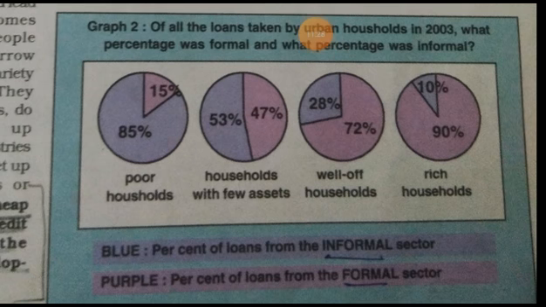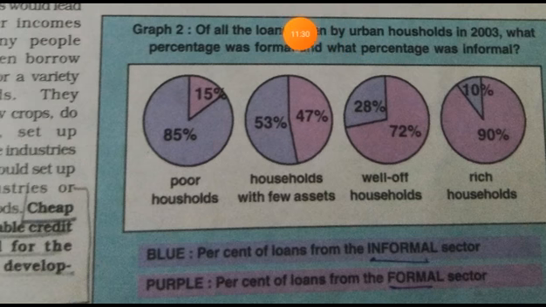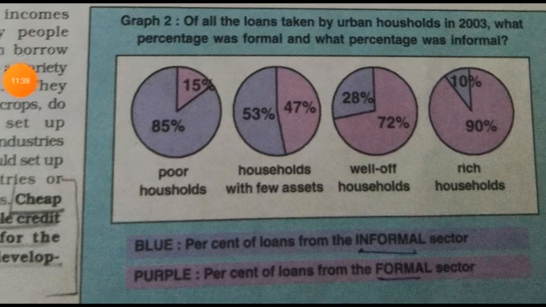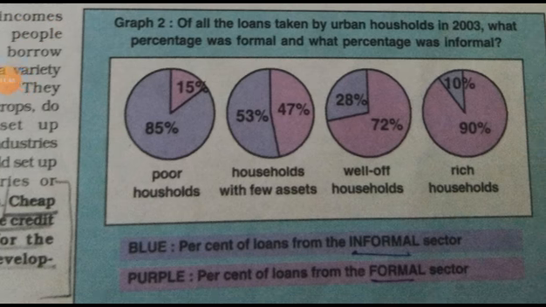And last one, rich households, those who have a lot of assets to keep in the bank in the form of collateral. So 90% of rich people approach and easily get loans from the formal sector, and only 10% of people from rich households go to the informal sector.